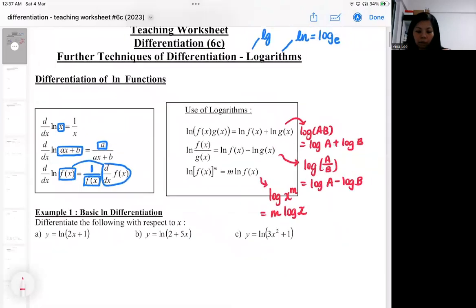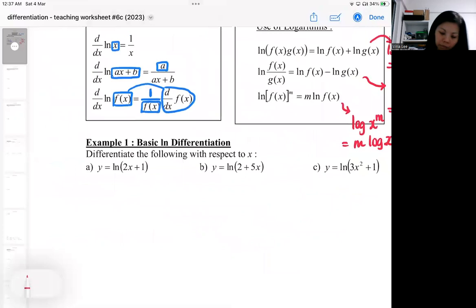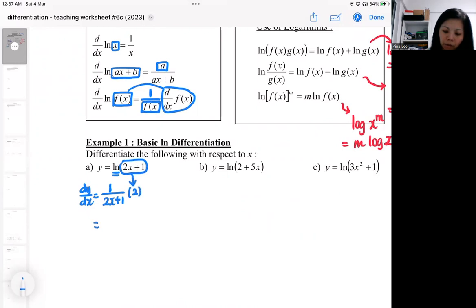Okay, so we'll do the basic first. So you disappear the ln first. How do you disappear the ln? It became 1 over 2x plus 1. Then you differentiate this. So slowly you can find yourself doing it mentally.